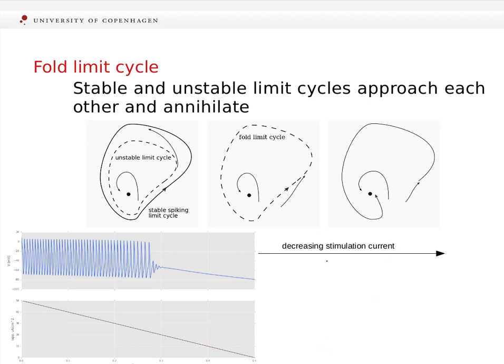So if we have our decreasing stimulation current here, we start from a resting state, so this was our stable focus, and then at the bifurcation point, so here the axis is actually the applied current, it loses stability and becomes an unstable focus. I'll depict it here with a dashed line.